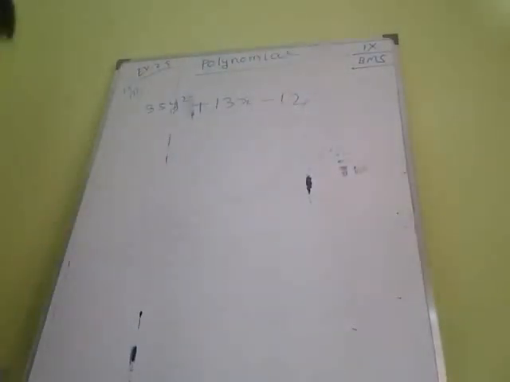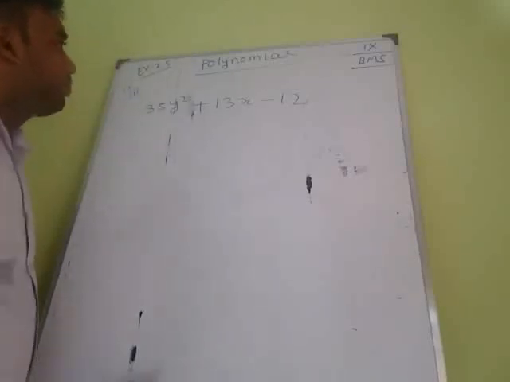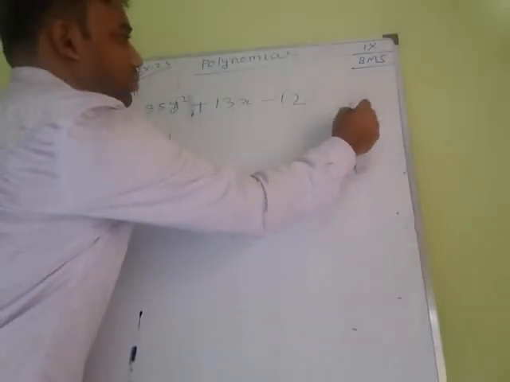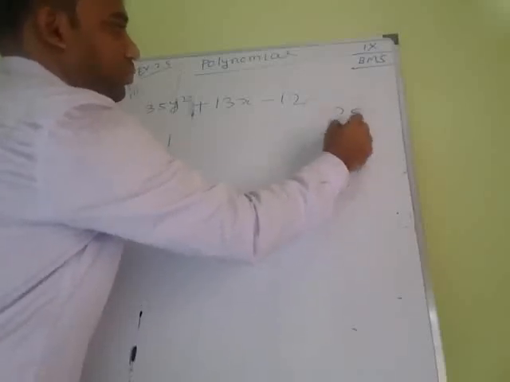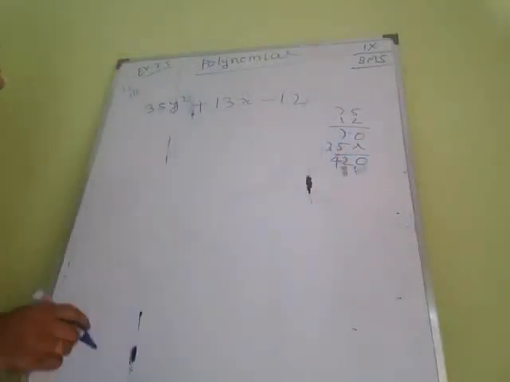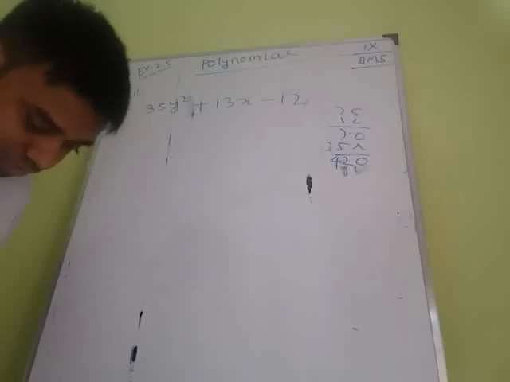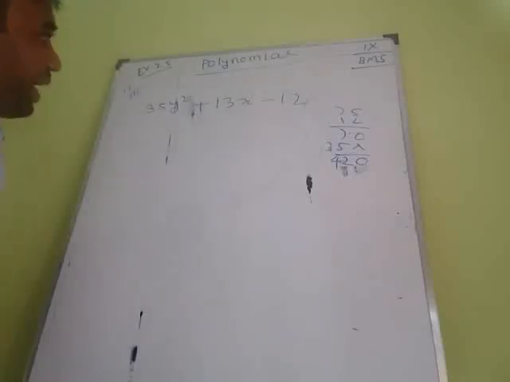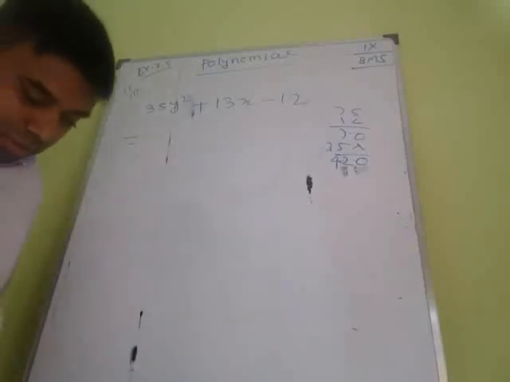Okay, so 35 into 12, that is 420. Now factorizing 420, we have to make 13 using minus.